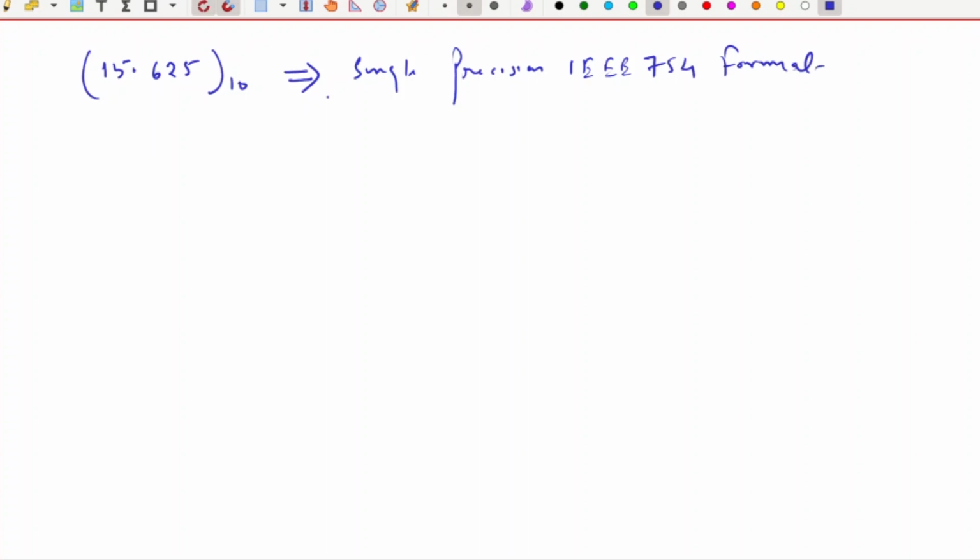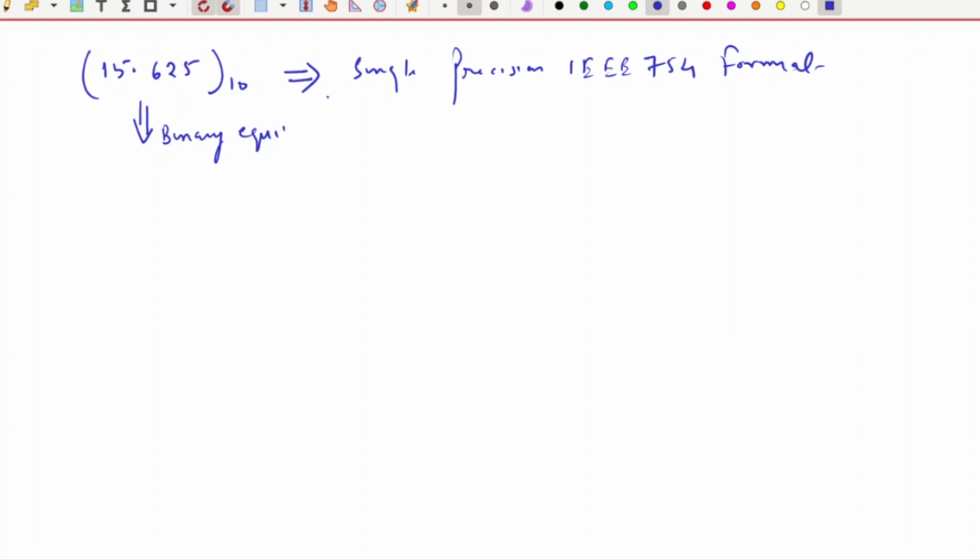As we discussed in the previous lecture, the single precision format follows a 32-bit representation of a number, and first we convert to the binary equivalent of this number, because that is used for representing a binary number, not a decimal number. So first we convert to the binary equivalent.